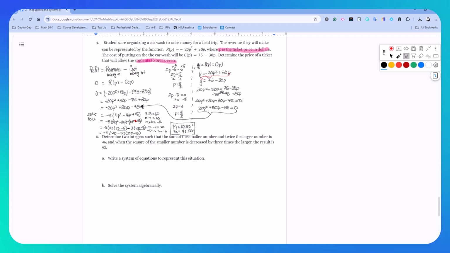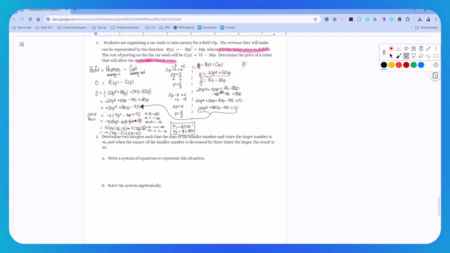Let's start by taking P equals $2.50 and substituting it into both equations. So if R of P equals 250, or sorry, let's write this out in nice function notation form.